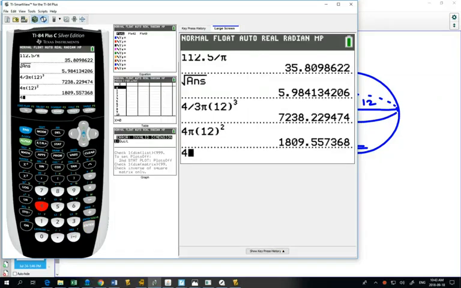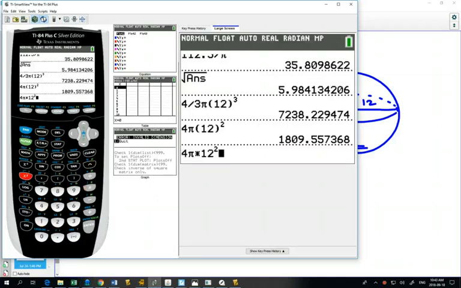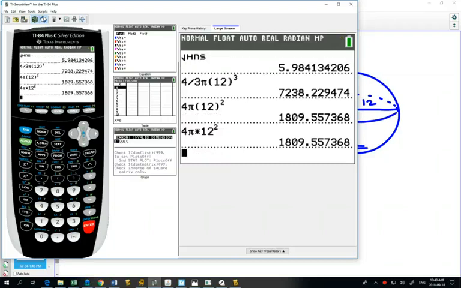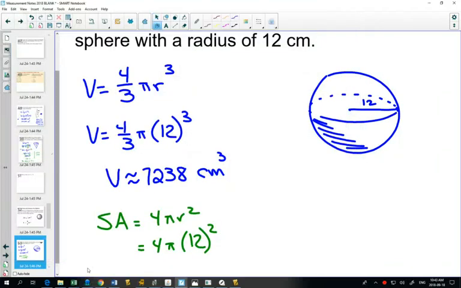If you don't like the brackets, does this make sense that if I use the times sign, that means the same thing? And we get the same answer. If I round that one to the nearest centimeter squared, it would be 1,810 centimeters squared.